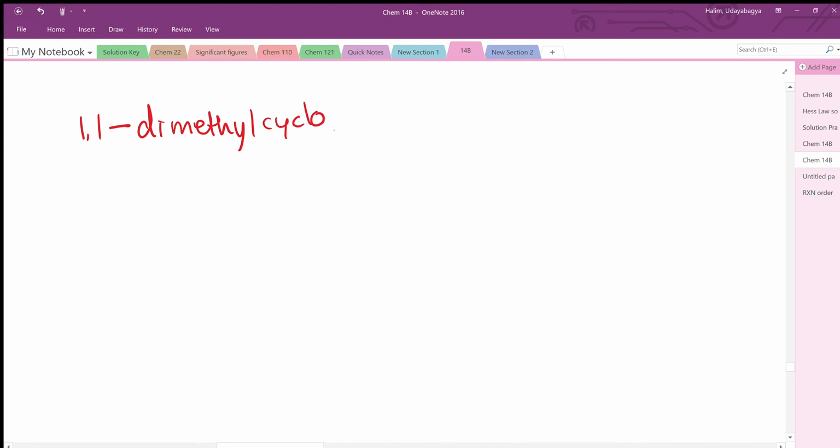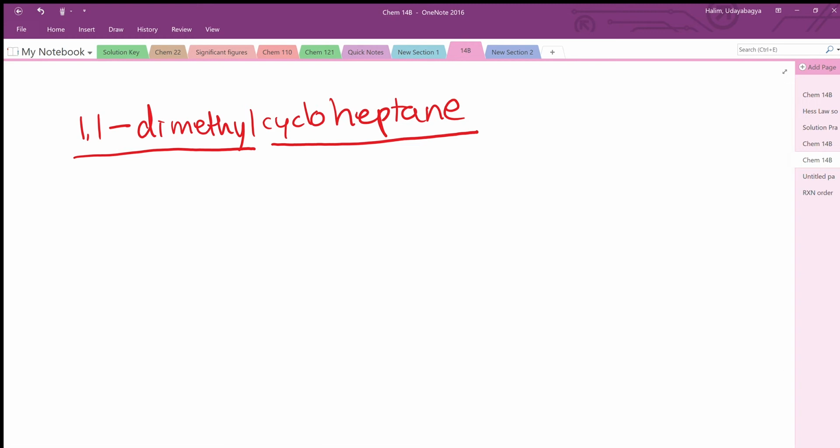No, pentane is easy. Cycloheptane, because we haven't done heptane. 1,1-dimethyl, so I have 2 methyl group in my last name, which is the cycloheptane. Dimethyl, so there's 2 methyl group.